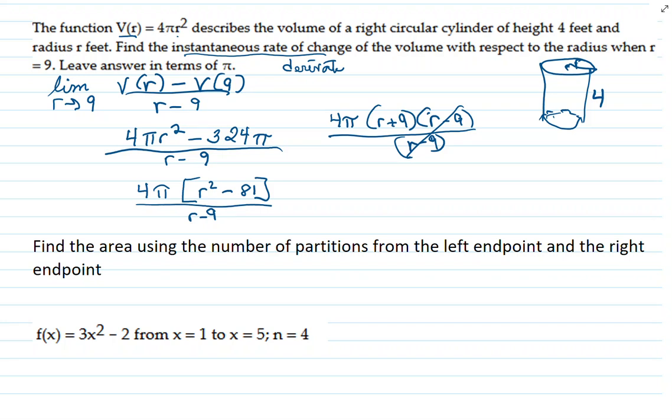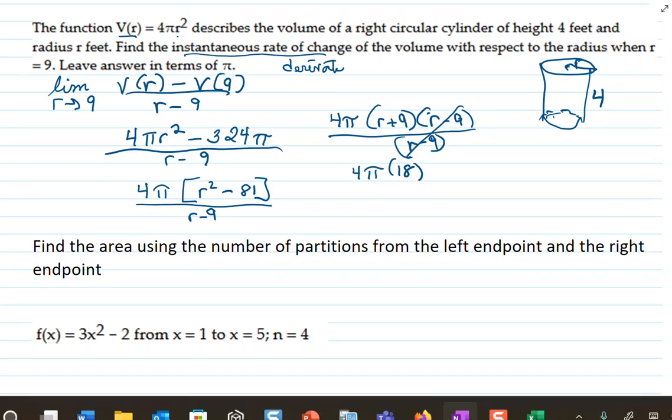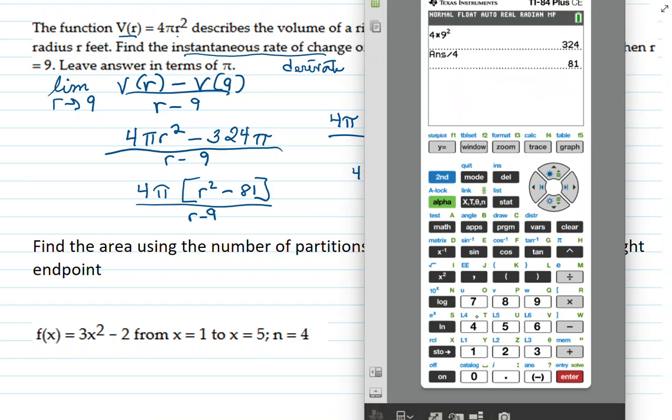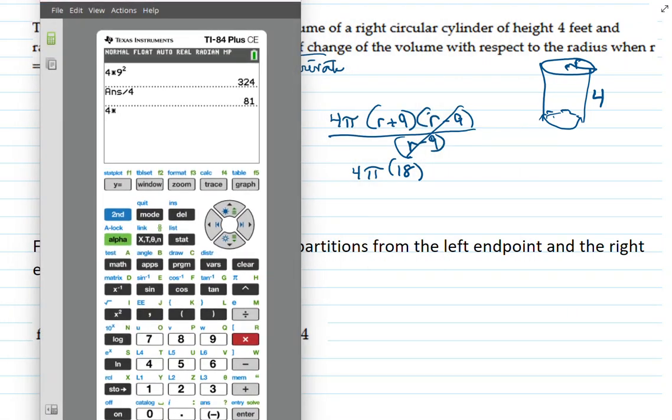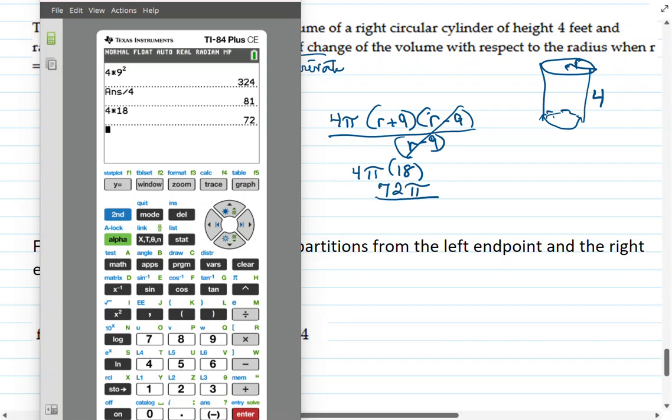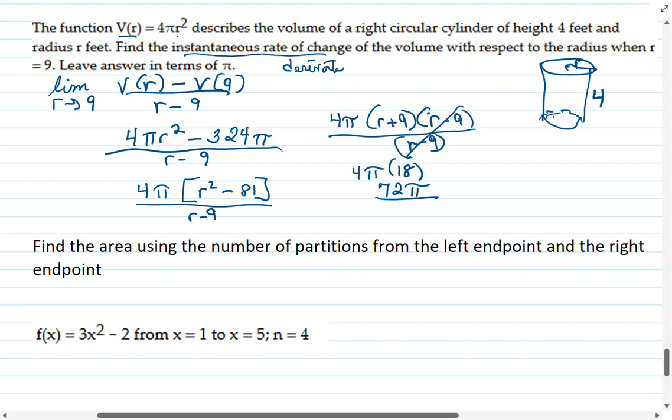And we'll cancel. And now we're going to put in r is 9. And stick that in the calculator. It is 72 pi. And that's the volume. Cubic something, cubic feet.